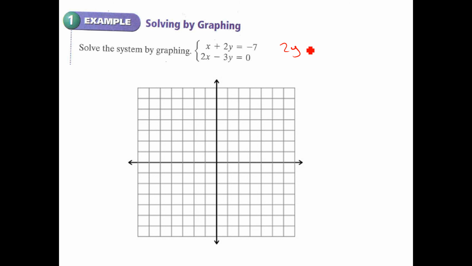In the first equation, I'm going to move the x over, minus 7, and then we'll divide by 2. So y equals negative 1/2 x minus 7 over 2, which is 3.5. Let's go ahead and graph this. So I'm going to go down to 3.5. 1, 2, 3.5. We'll make a dot.